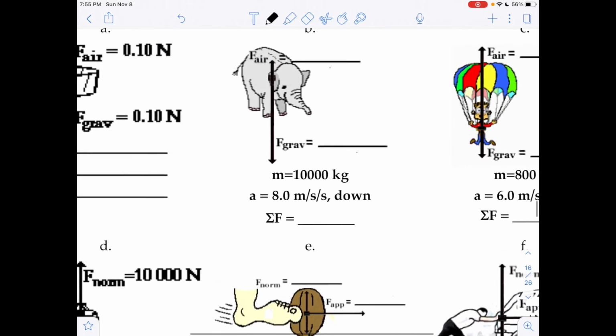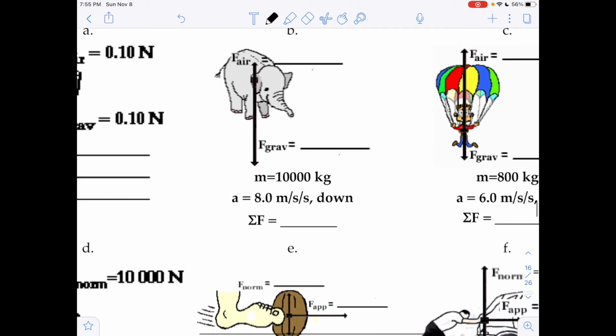So a quick thing that we could get is the net force here, because force is equal to mass times acceleration. That's Newton's second law. So here we can take the mass of the elephant, multiply it by the acceleration. So that's going to be 10,000 times 8 meter per second squared. And so we're going to get 80,000 newtons.